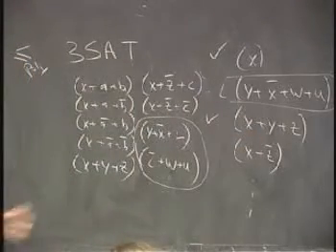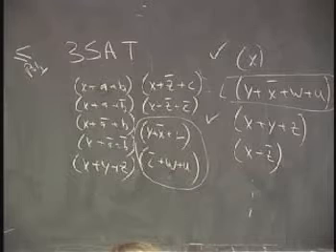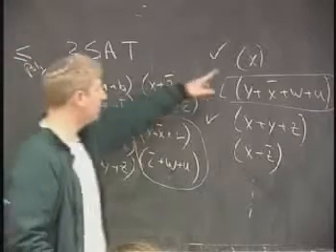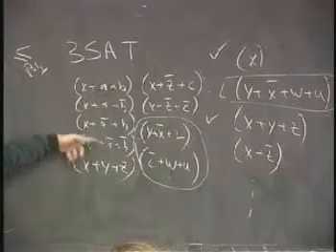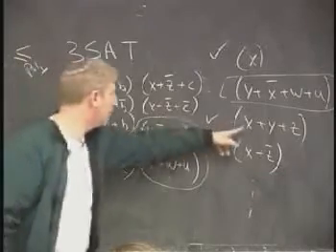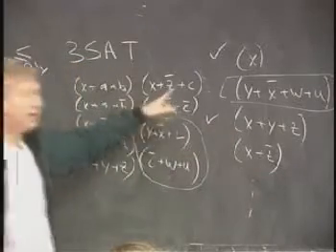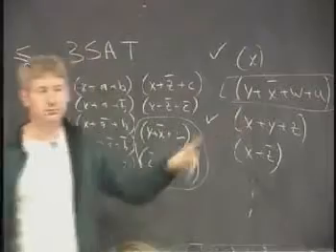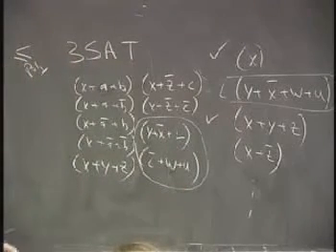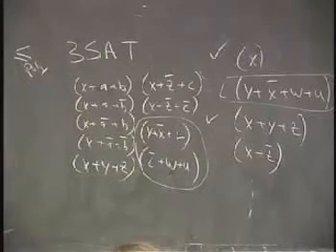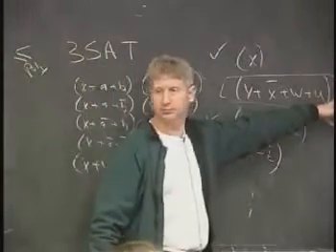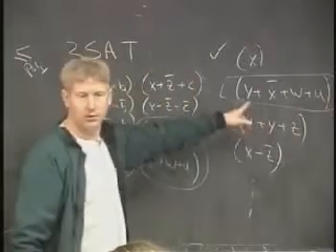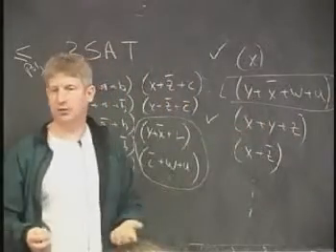Now, how long did it take me to do this conversion? How hard is this reduction to do? Every single variable thing takes 4 steps. Every double variable thing takes 2 steps. Every long one takes some proportion to the length of this. Okay? So what's the most steps altogether?